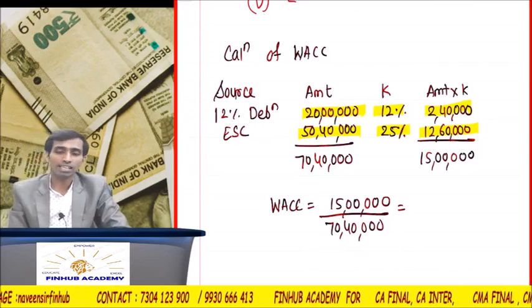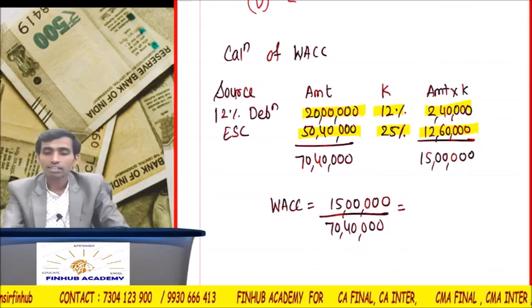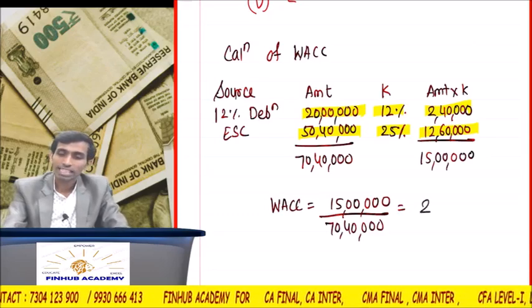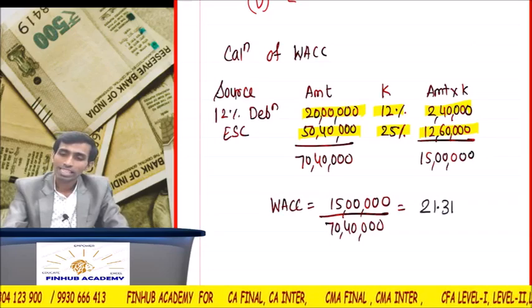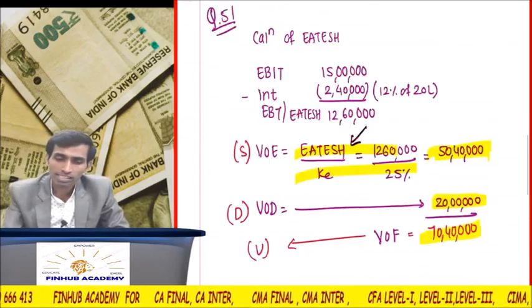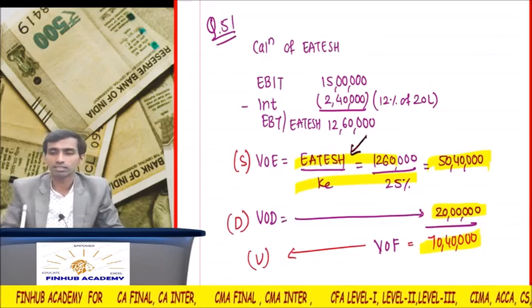Tell me the WACC figure. 15 lakhs divided by 70 lakh 40,000 is 21.31%. Okay. Now please copy this from here.